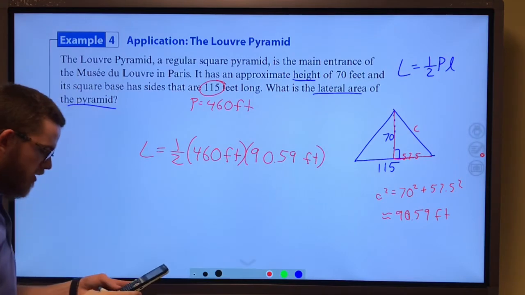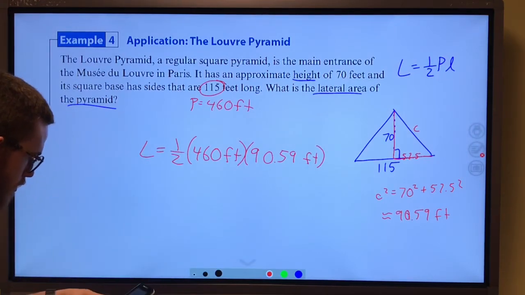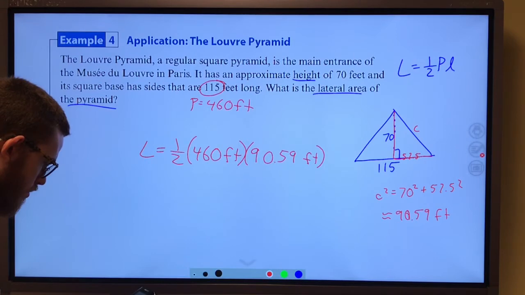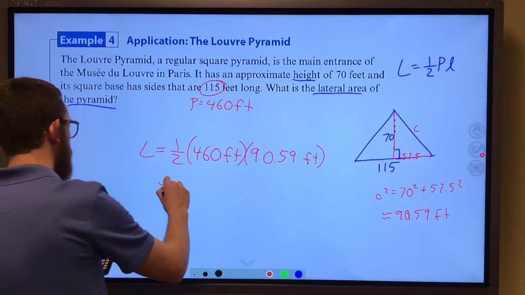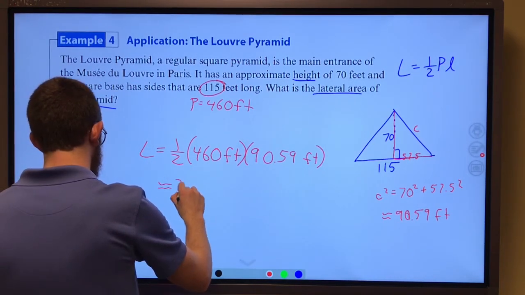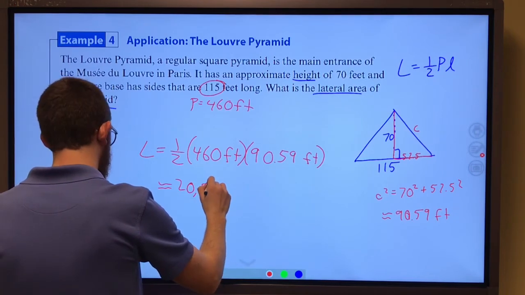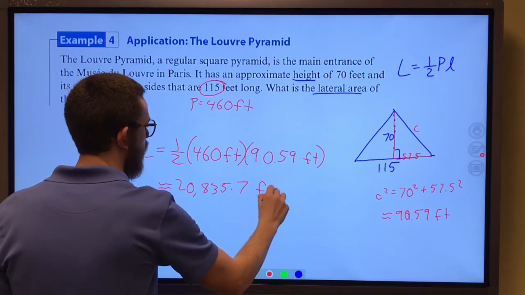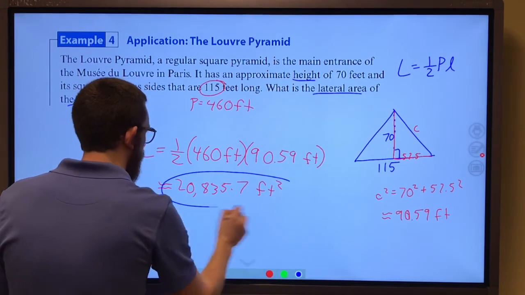We type all this stuff in. We get about 20,835.7 square feet.